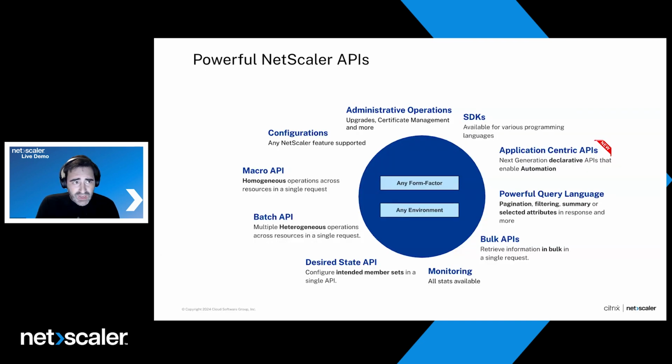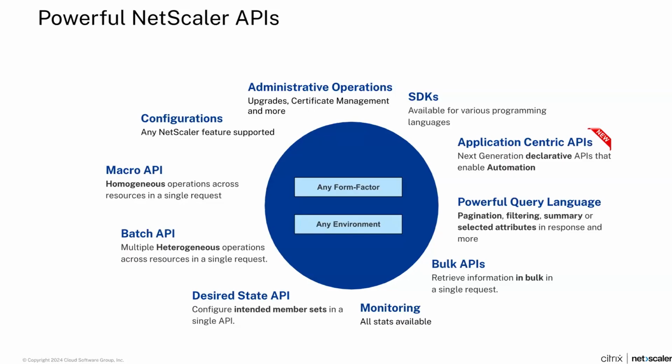So, as mentioned, NetScaler provides a powerful set of APIs. We have been working on this for many years now, and we have APIs to do everything on NetScaler. Of course, that doesn't mean that we cannot do better. So for this reason, we have focused on working on application-centric APIs, which will be the next generation version of the NetScaler API.